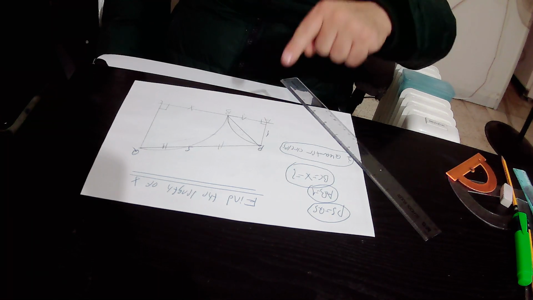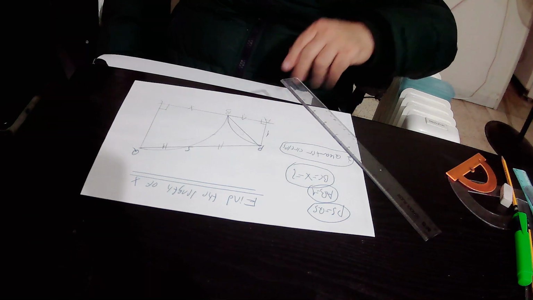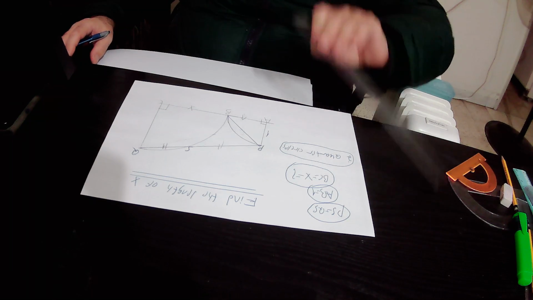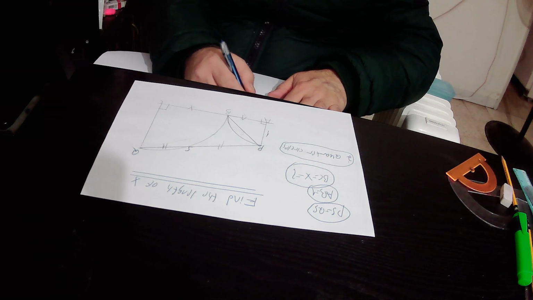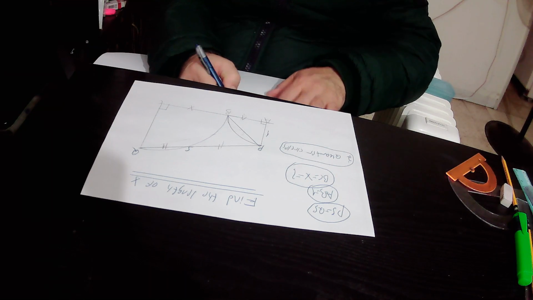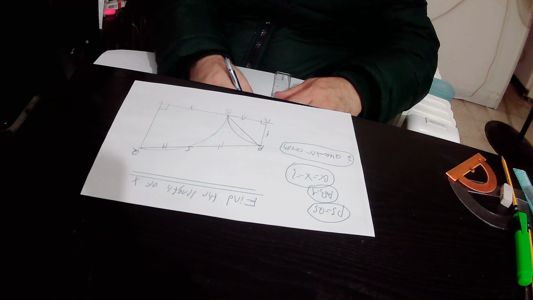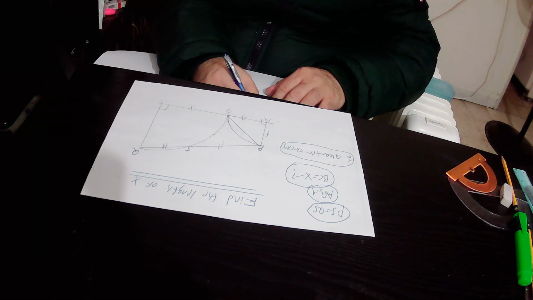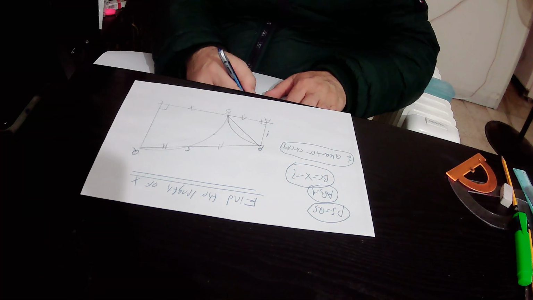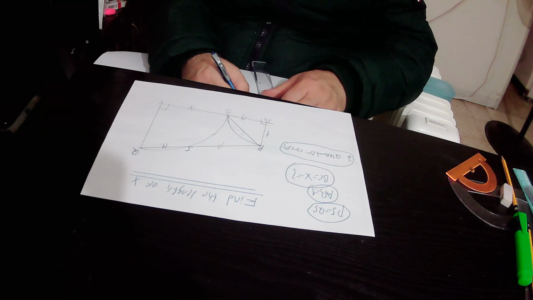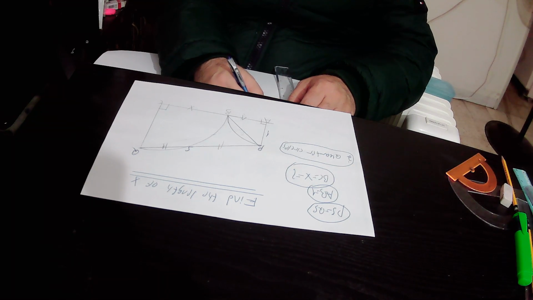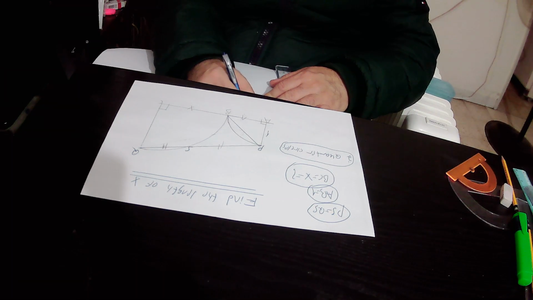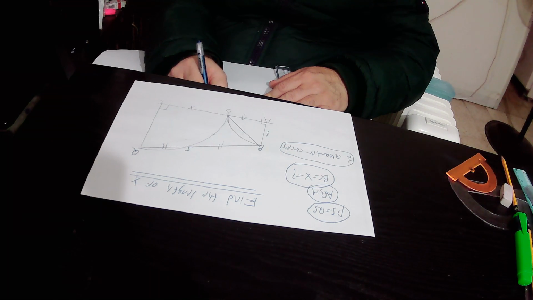In the new page, we will implement the Pythagoras theorem in this right triangle PAB. Here PT is an abbreviation for Pythagoras theorem.